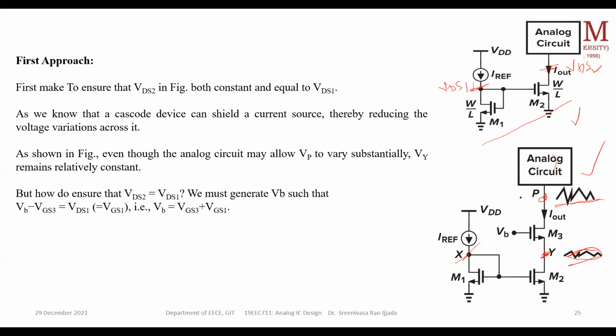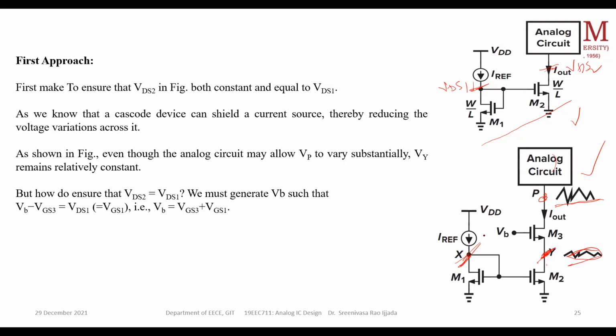But the potential at Y is nothing but VDS2. It should be constant, more or less. So if it is constant, then you can make it equal to Vx.